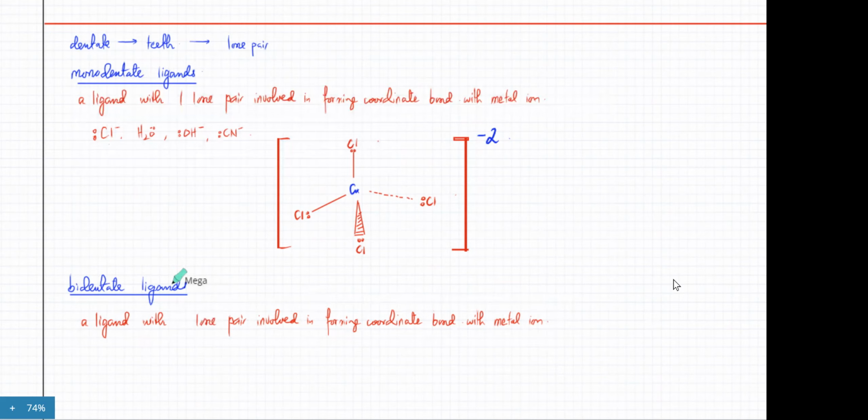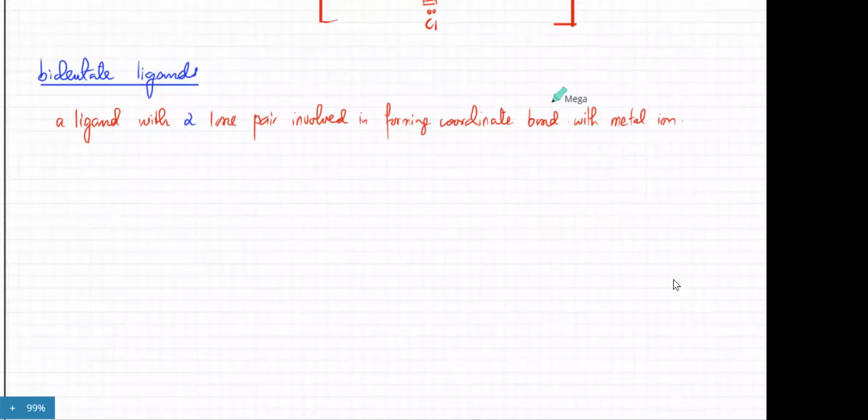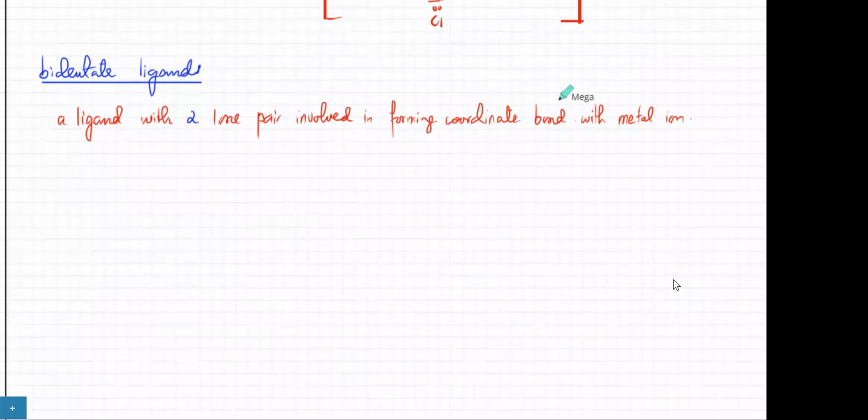That's it. So it's basically going to be forming 2 dative bonds, a bidentate ligand.